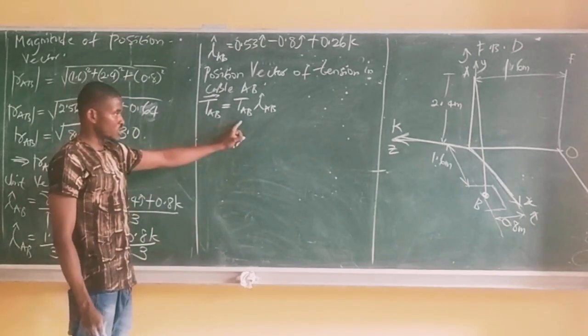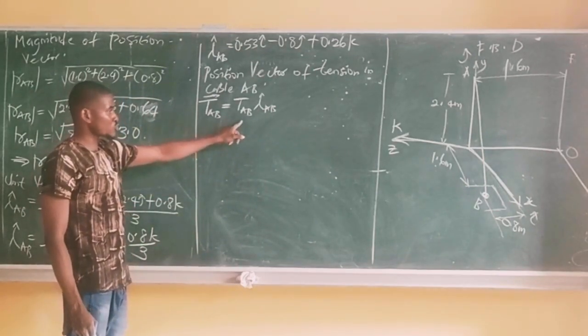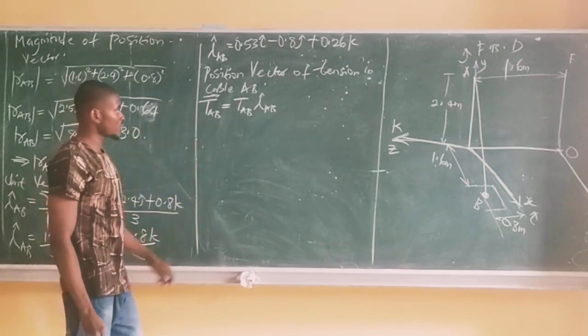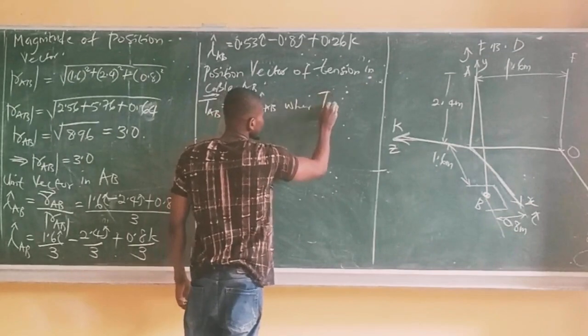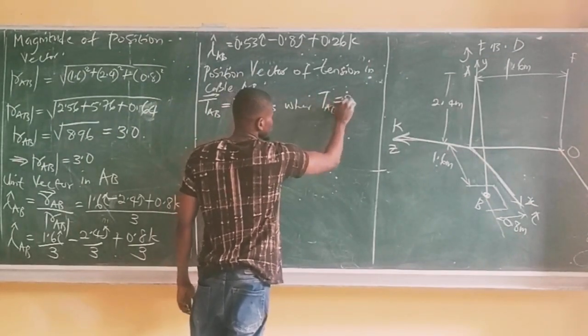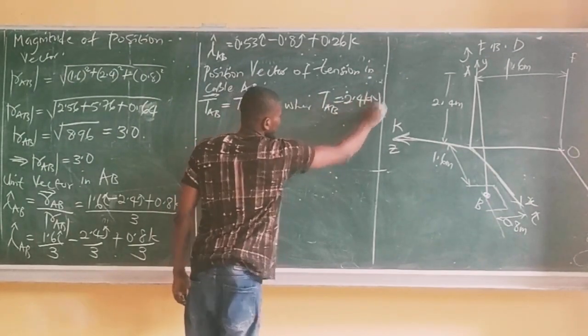The magnitude was given to us in the question: T_AB is 2.4 kilonewtons.